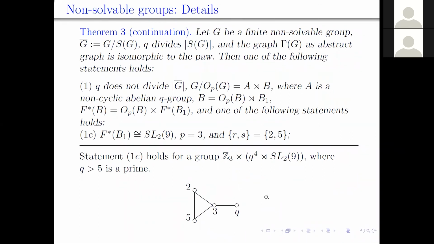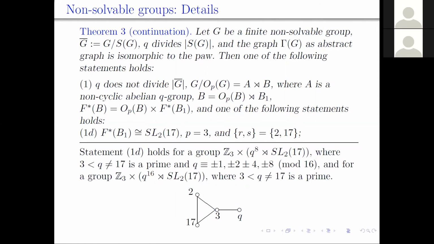The third possibility is realized for a group of the following shape, and you can see the graph of this group. The fourth possibility is realized on the following groups, and you can see the Gruenberg-Kegel graph of such groups.